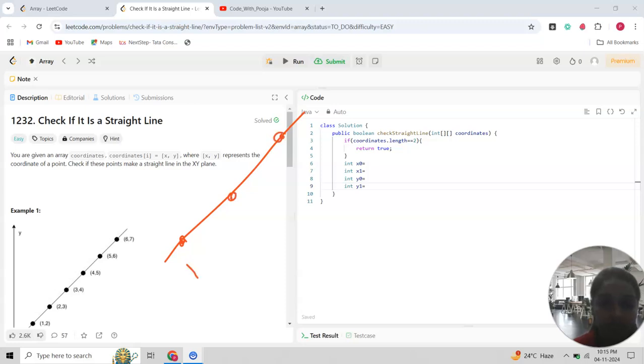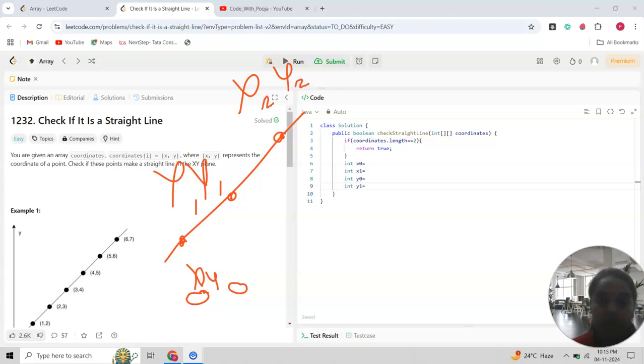These are x0, y0, these are x1 and y1, and there is x2 and y2.